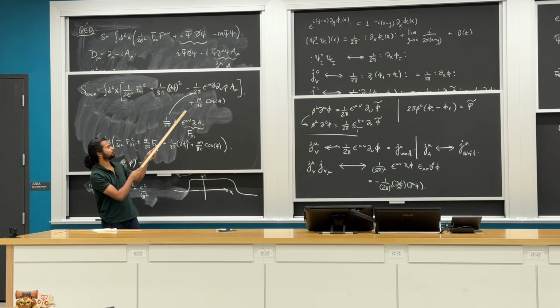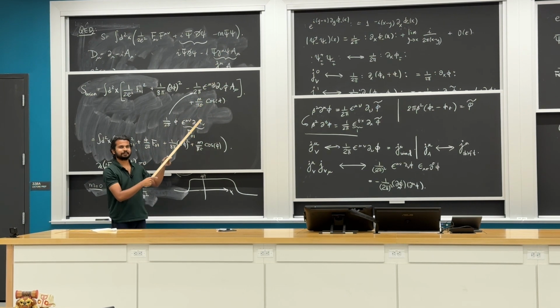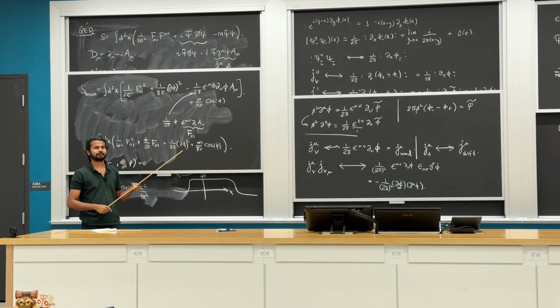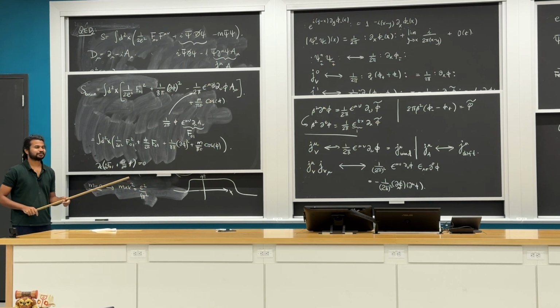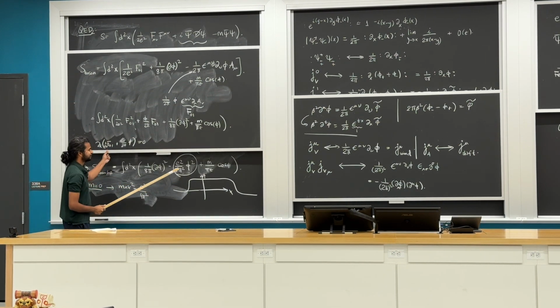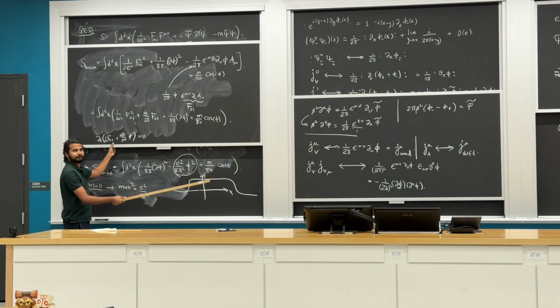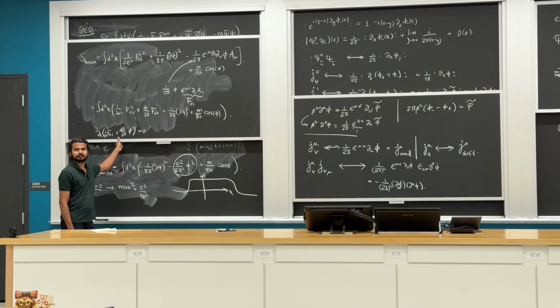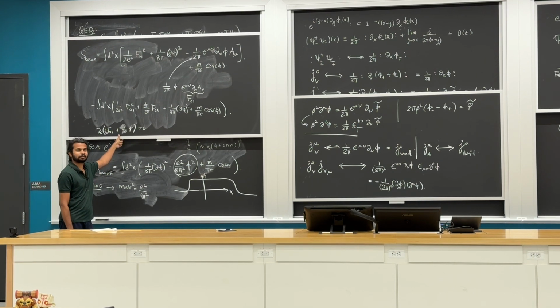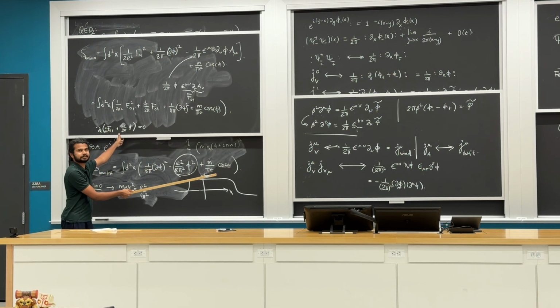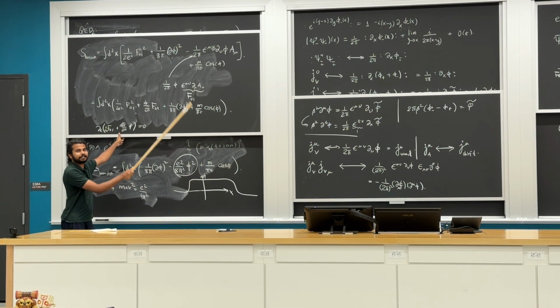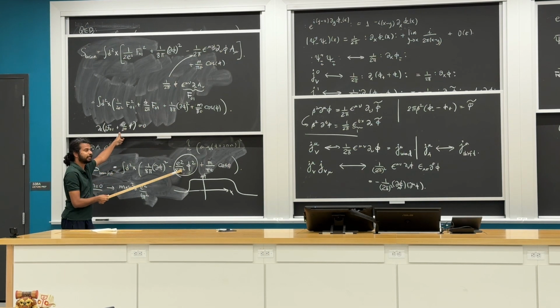But this is the bosonized mass term, so it is the boson's mass. So the boson's mass in this case is this one. This is an interaction. Yes, the fermion mass would induce self-interactions. But even if I did not have a fermion mass, I still would end up with a degree of freedom which is gapped.